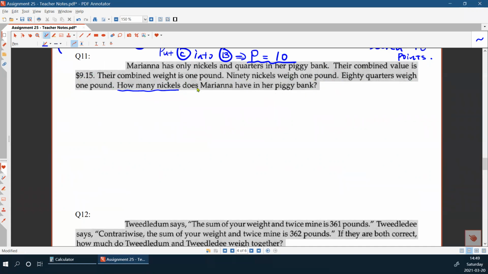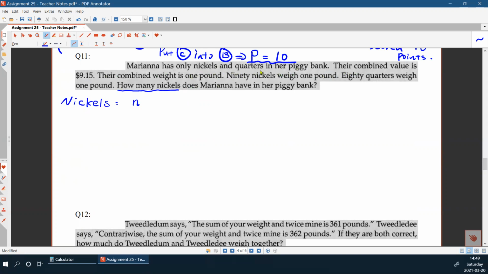So usually we can use letters to denote the unknown quantities. So let's say she has n nickels, right? Are there any other unknown amounts? Of course there are, right?